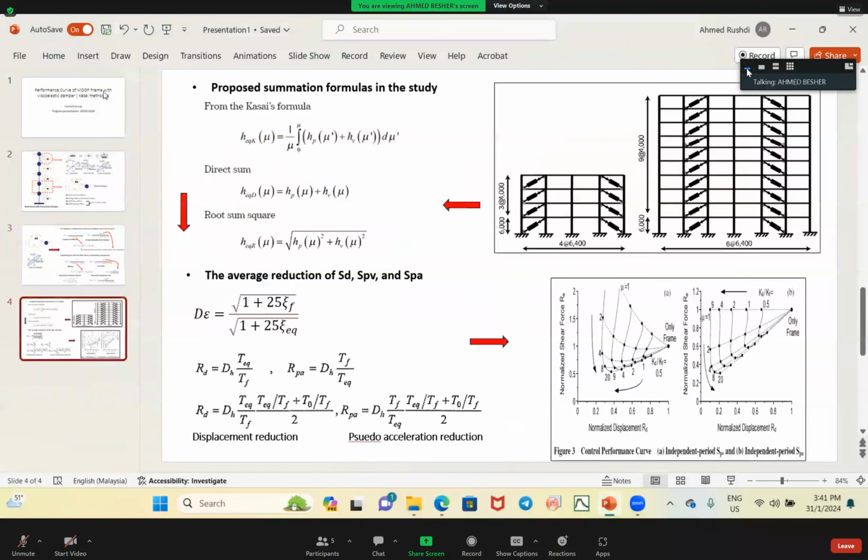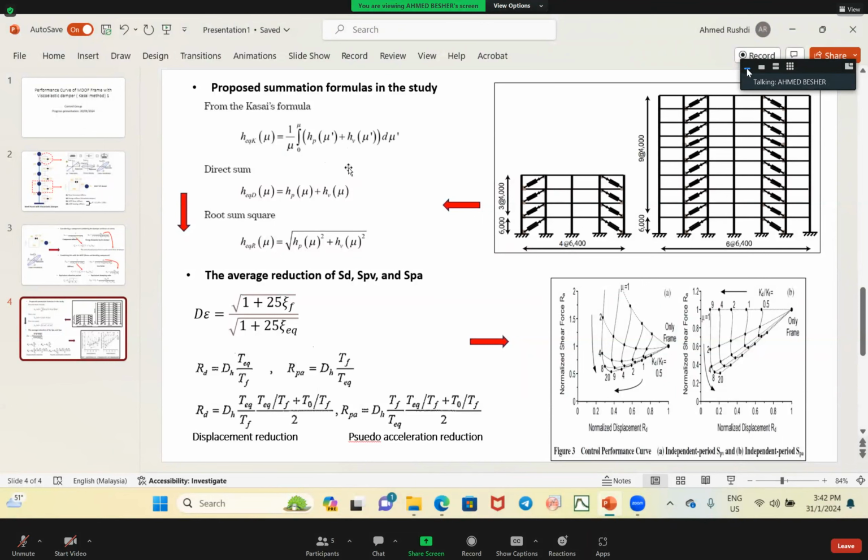So I propose the first stage for the research. We'll find the equivalent damping ratio using the Kasai formula and using the normal direct summation and the root sum square. But for sure, I'll change this formula to adapt to the viscoelastic damper, because this formula is for the hysteresis device and for the viscous damper.